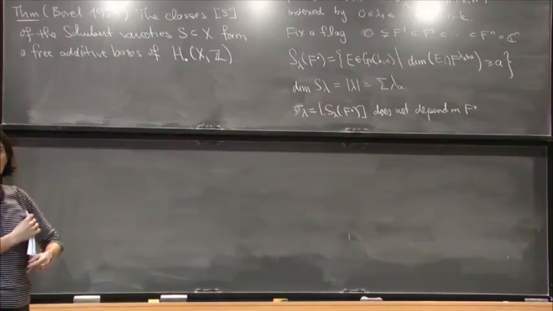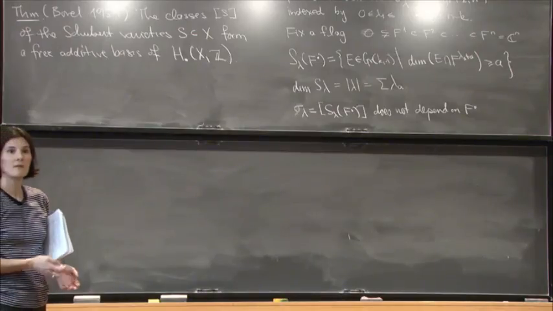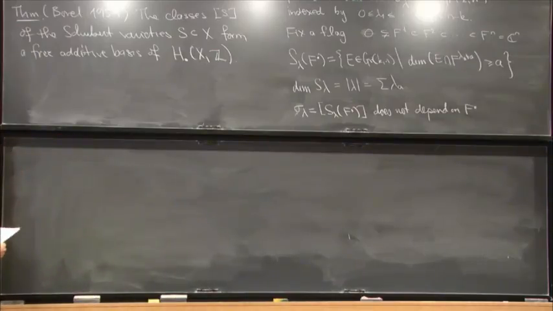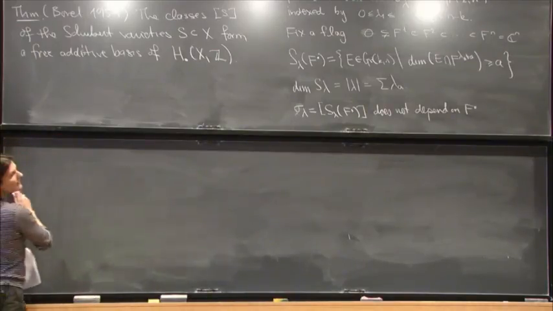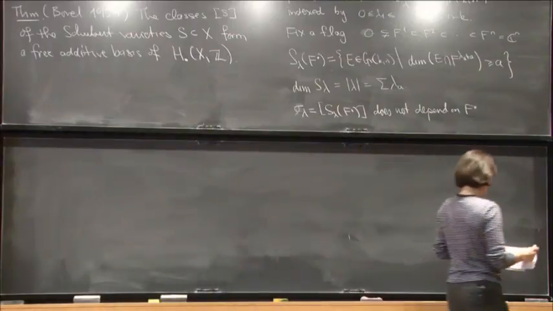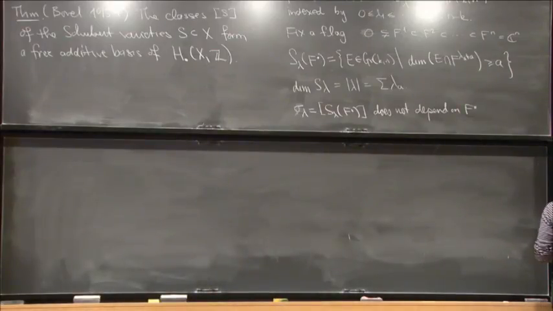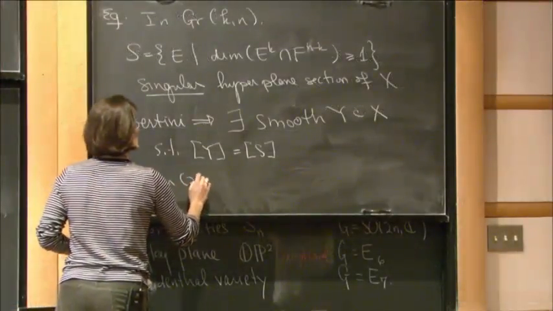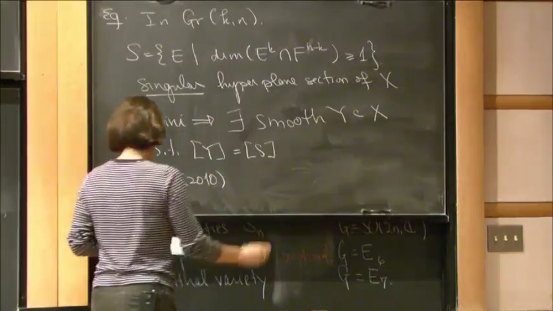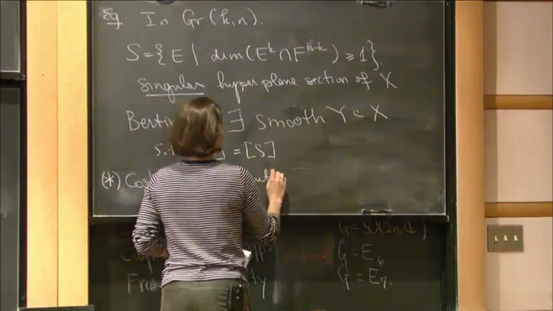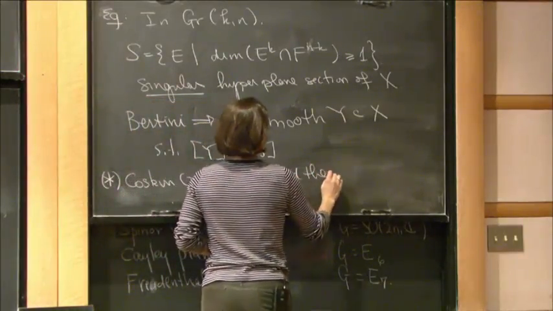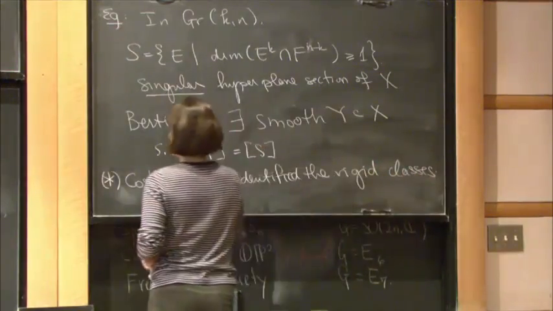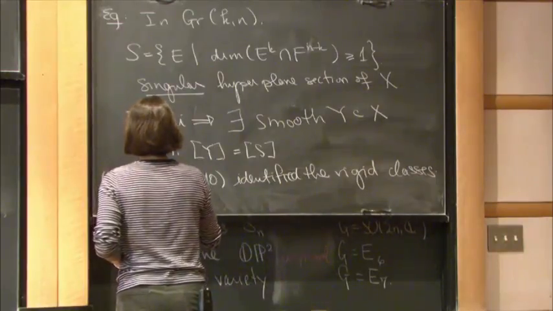All such smooth representatives? No, I don't believe it does. Okay, so just as a remark over here, Hopkins in 2010 identified the rigid classes in the Grassmannian of k-planes in n-space.